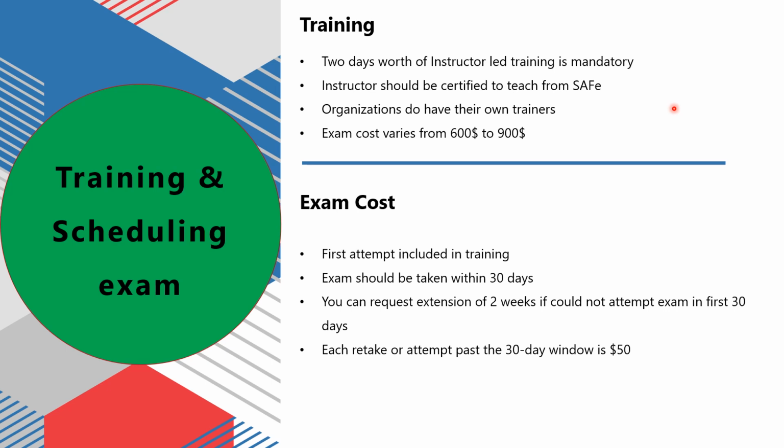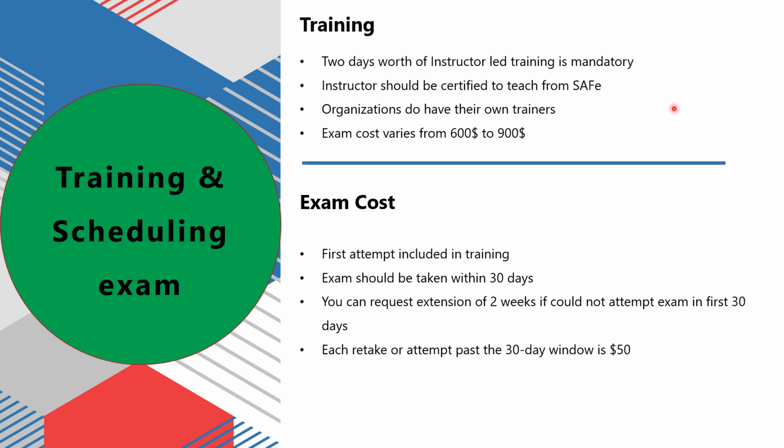But if you are planning to appear for this certification yourself, then the training cost can vary from $600 to $900 depending on your country and the kind of training you are opting for. So whenever you appear for the training or whenever you enroll for the training, account is created for you on Scaled Agile community, wherein you will see the dashboard which will enlist all the resources that are available to you as a part of that training.